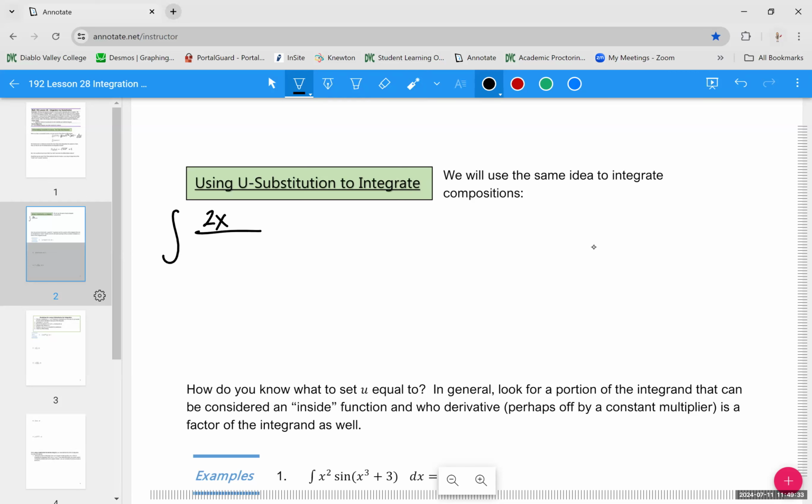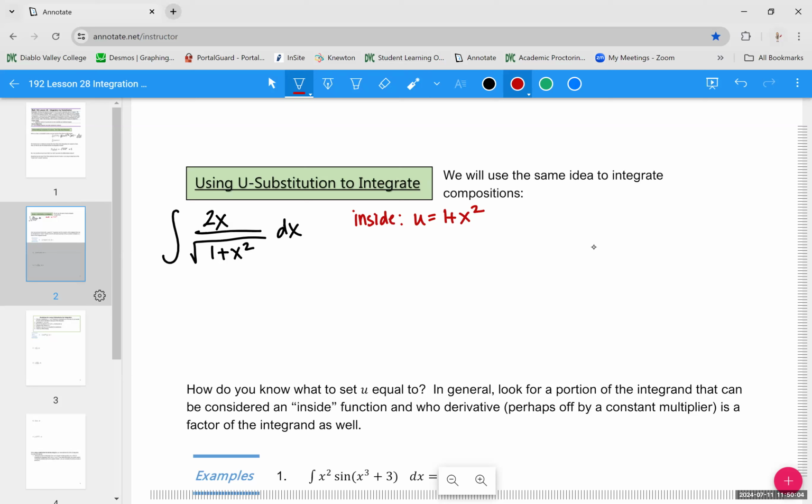I know we had an x in that last example, but this is just going to be a little bit easier. You'll notice when you look at this integrand that you do have a composite function. You have a square root of a function that's not just x, so it's immediately giving you those inside vibes. My inside function, which is u, is 1 plus x squared.